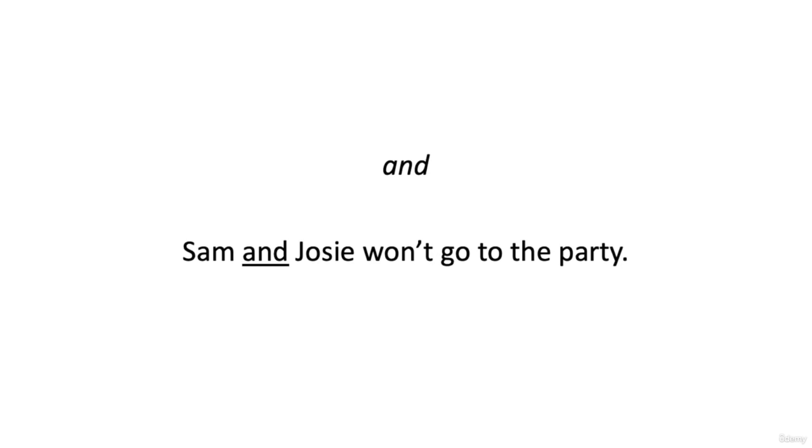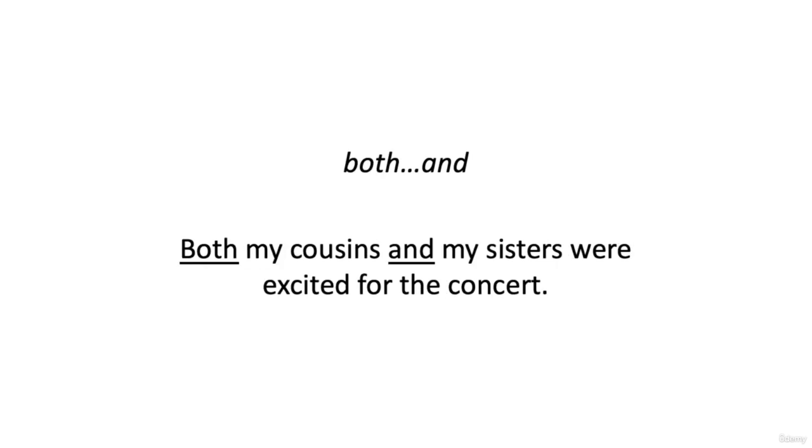This sentence means that Sam and Josie are doing the same thing. They are not going to the party. Both and is used for emphasis. Both my cousins and my sisters are excited for the concert.